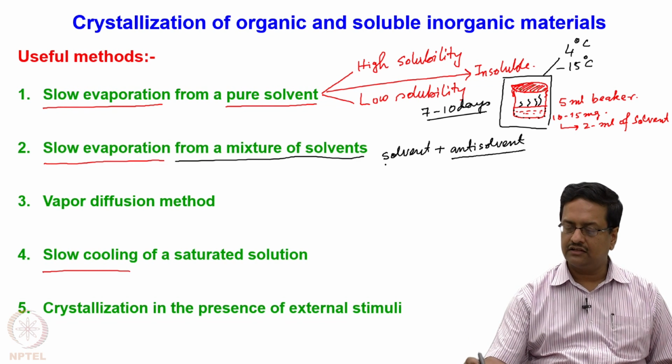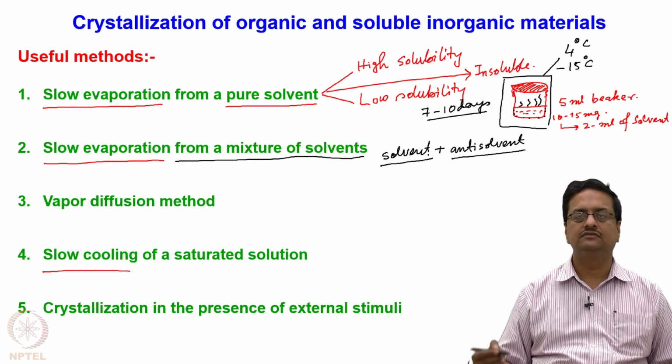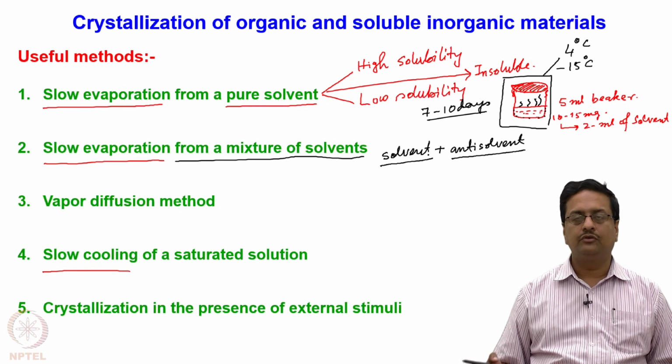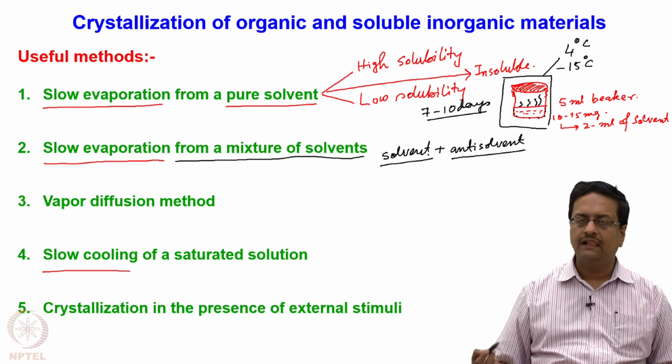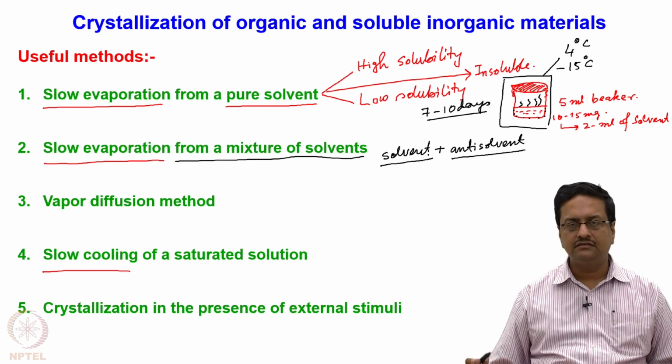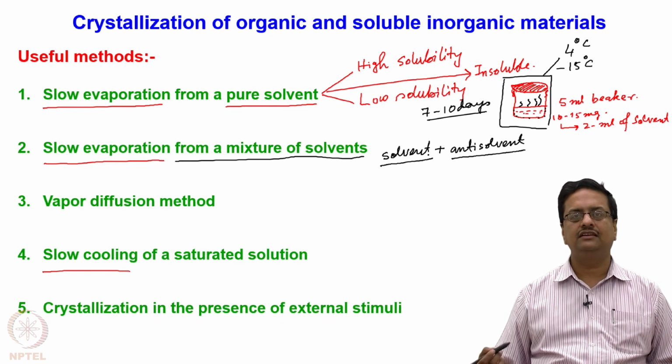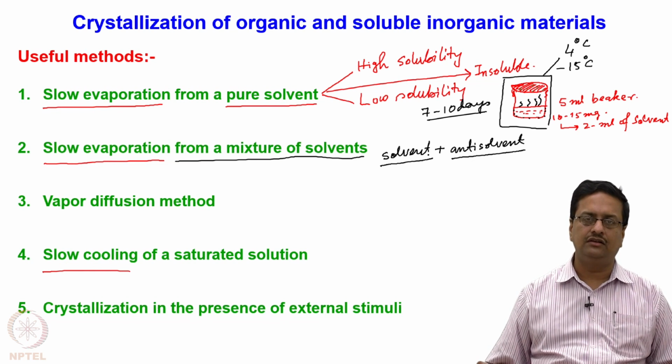We take a liquid, suppose dichloromethane, in which the compound dissolves completely, and cyclohexane or n-hexane, in which the compound does not dissolve at all.